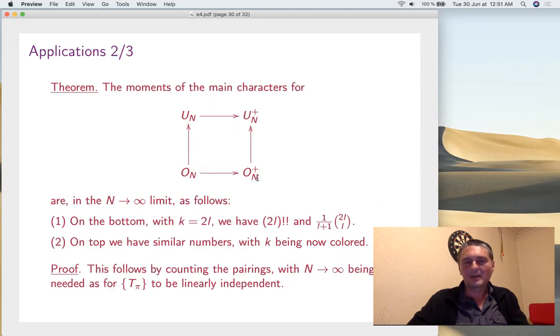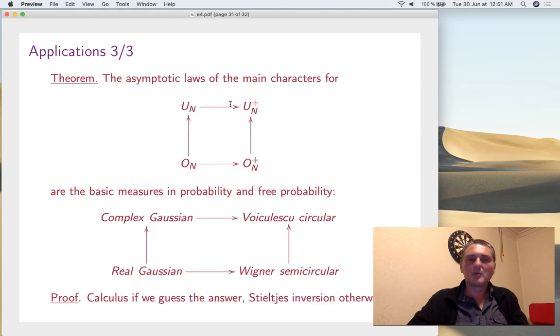Double factorial, Catalan, and complex versions. Double factorial means real Gaussian, hope you all know. Well, this you have to know that it's Wigner's semicircular, the measure having Catalan as numbers. And here you obtain the measures which are complexification, so complex Gaussian, of course. And here we equals circular.